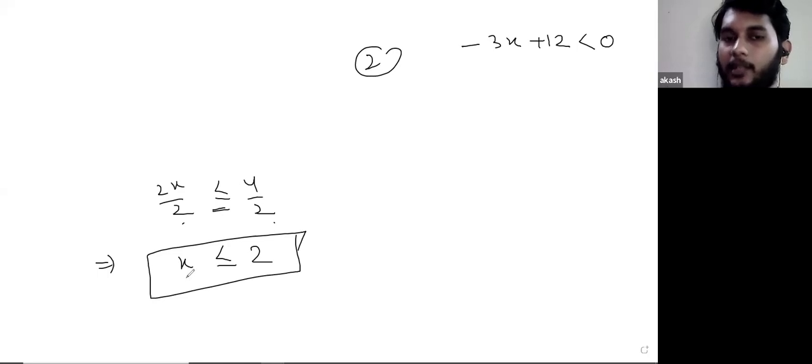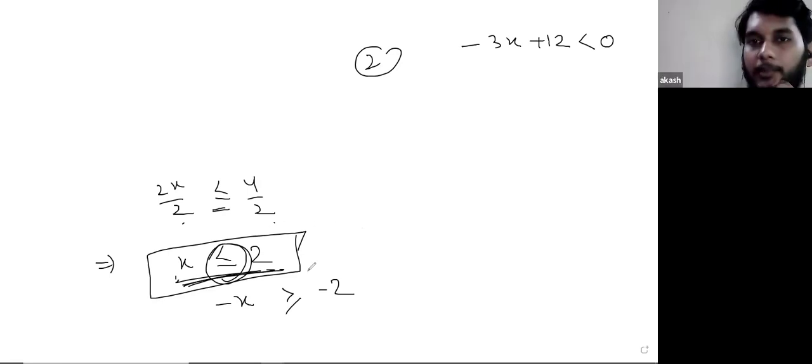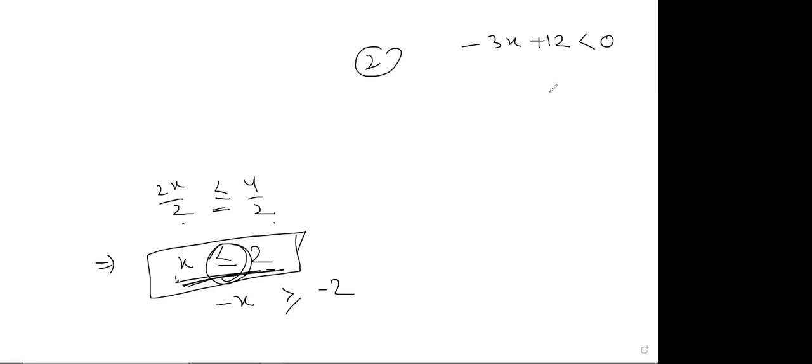That means suppose I divide by -1 in this equation, then x will become minus x, 2 will become -2, but this sign will be reversed. That way you can divide or multiply by a negative number. x less than or equal to 4.